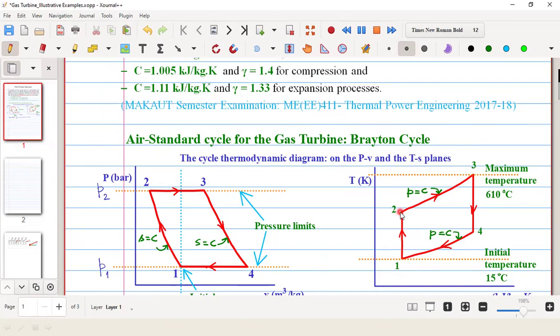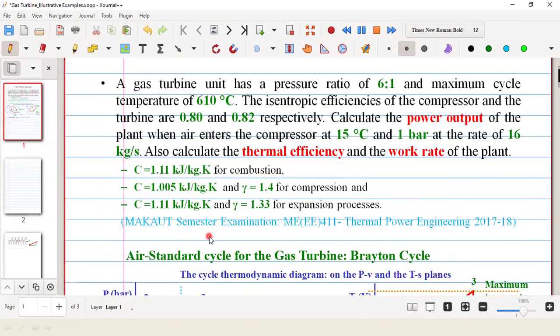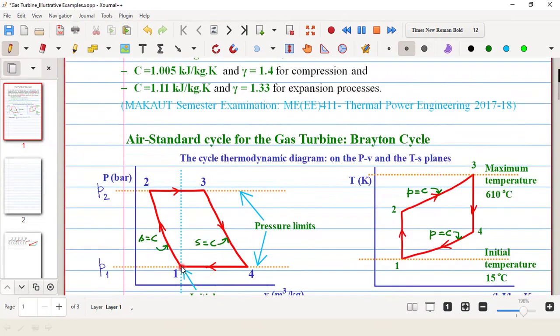So in both processes 1 to 2 and 2 to 3 the temperature increases, and at 3 the temperature is maximum. So the maximum temperature of 610 degrees centigrade will be at point 3. Sometimes students mechanically memorize this, but that is the explanation: after supplying both work and heat, the temperature becomes maximum.